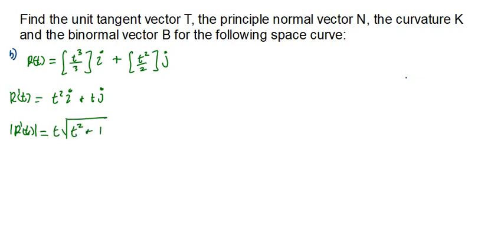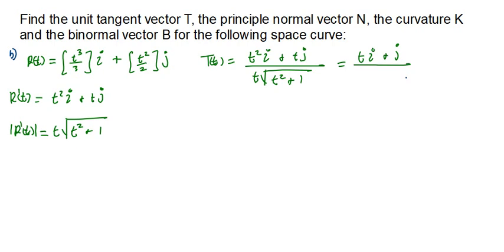So my unit tangent vector equals my first derivative, t squared i plus t j, divided by the magnitude, t times root of t squared plus 1. If we simplify this, you get t i plus j divided by the square root of t squared plus 1. So that is our unit tangent vector.